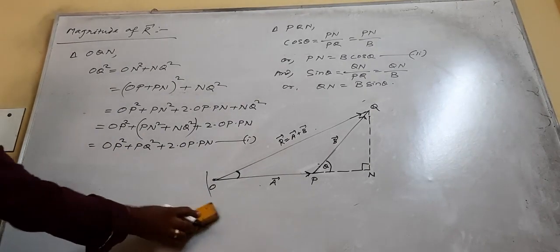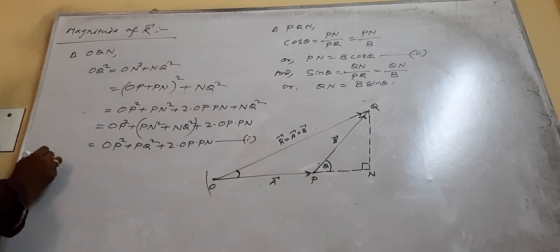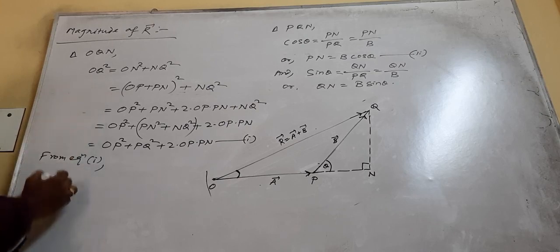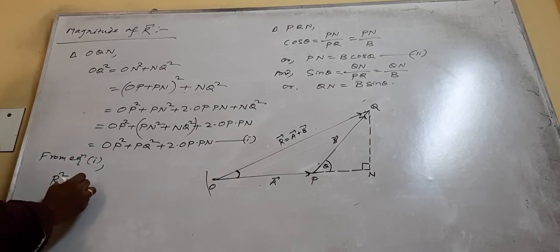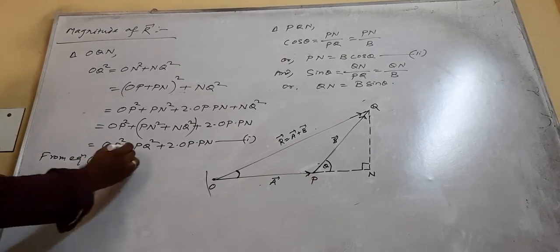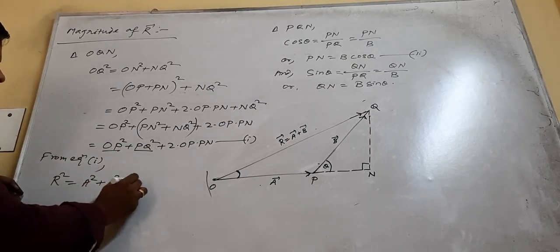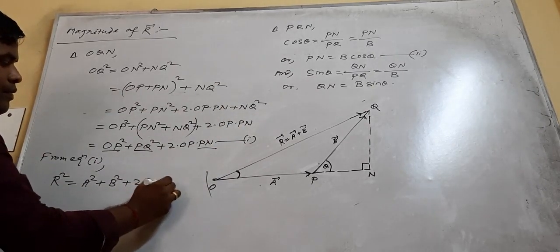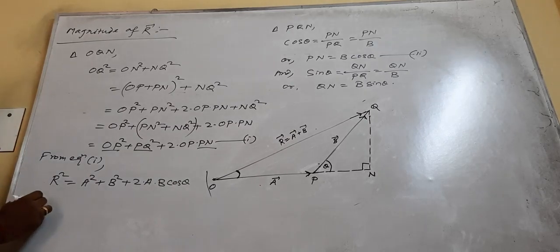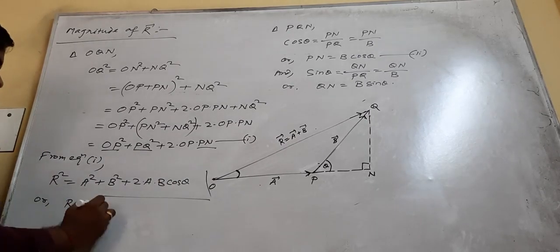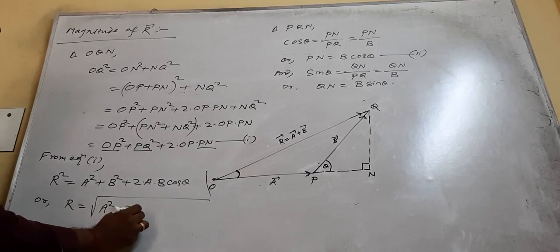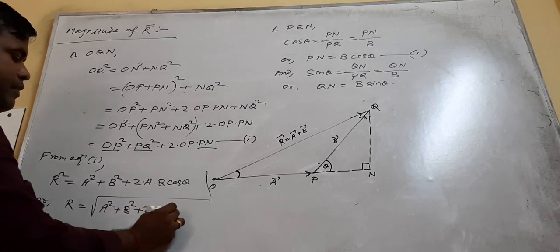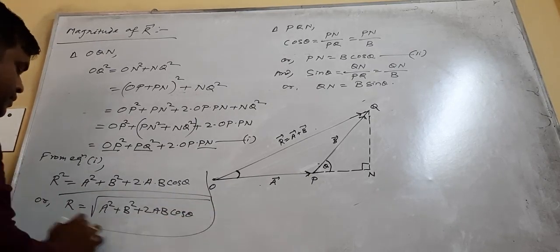So from equation 1 you can write, in place of OQ you can write R square is equal to A square, in place of OP you can write A, in place of PQ you can write B square, plus 2 into A, in place of PN you can write B cos theta. Or here you got R is equal to root over of A square plus B square plus 2AB cos theta.